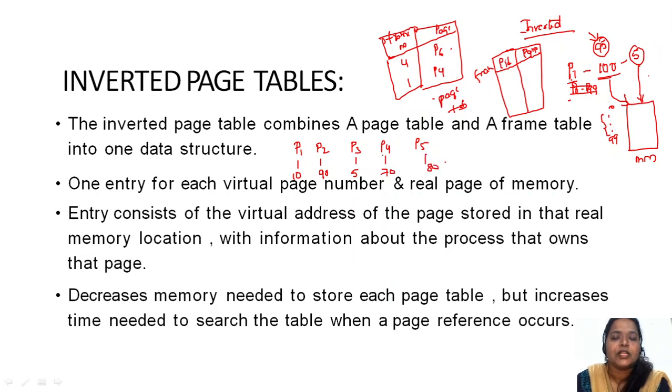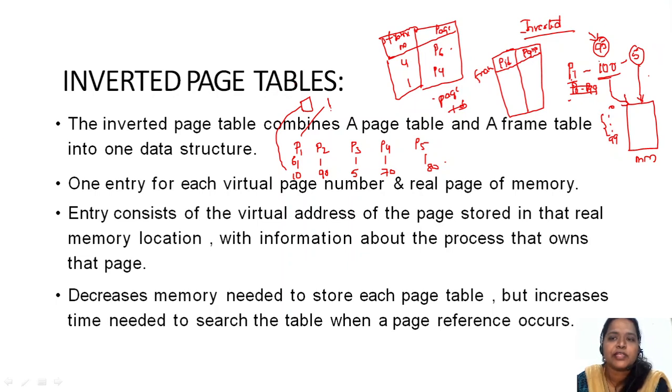Previously, even if one page out of 10 pages was loaded, we would load all the page tables. But now with the inverted page table, whatever page we have loaded, suppose the 6th page, only that particular frame number we store.